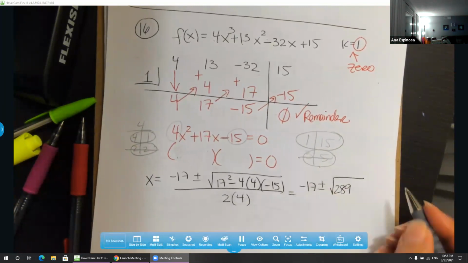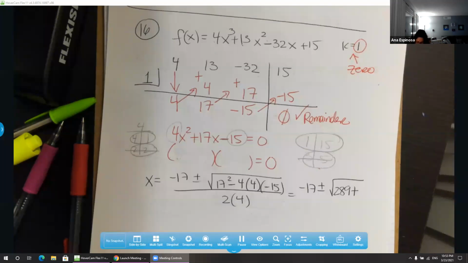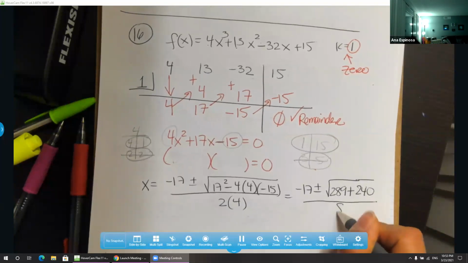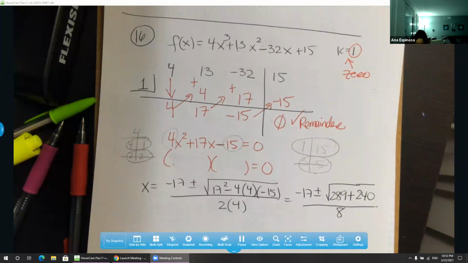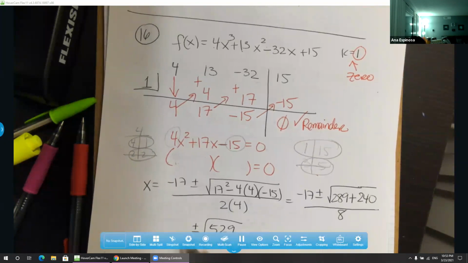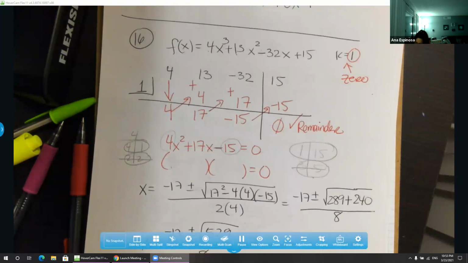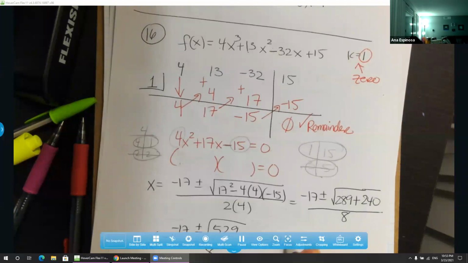A negative times a negative is a positive. 16 times 15 is 240. Let me just double check. 240 plus 289, 529. I think that has a perfect square. Oh, did I do that right? This is an ugly number. Oh, it is. So it is factorable.